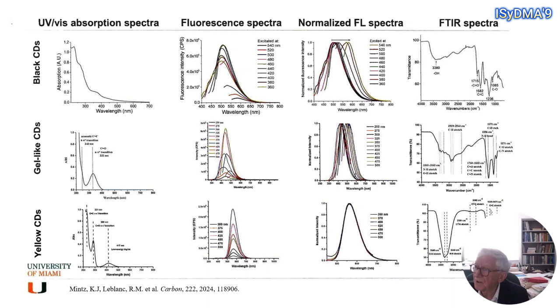And the correspondence in terms of UV, there is a good similarity with the two others, but not for the fluorescence, because the fluorescence is no longer dependent on the excitation wavelength, but we have a specific band related to the yellow carbon dots. And this yellow carbon dots is really related to a phenylenediamine and citric acid mixture.